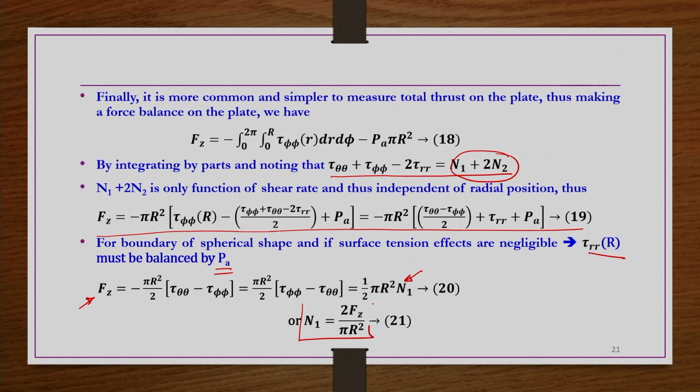N1 equals 2 Fz divided by pi R squared. That is how to measure the normal stress differences, shear rate and shear stress using cone and plate geometry. Now we take an example problem before winding up this lecture.